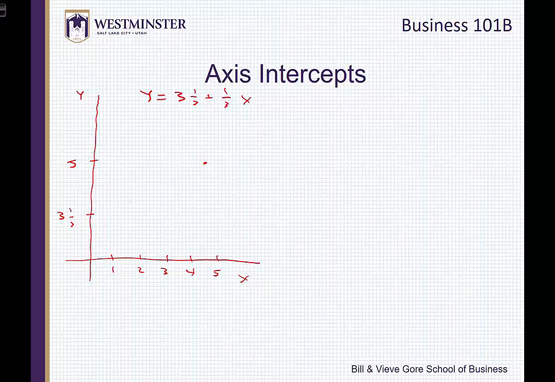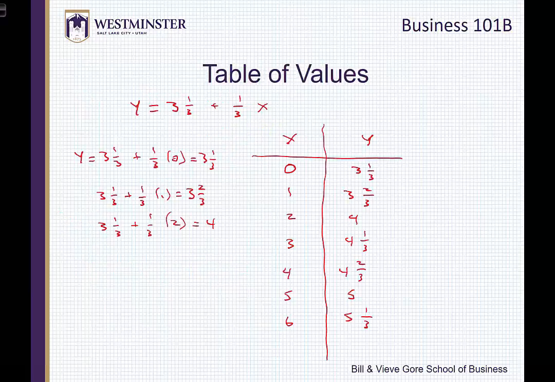And having 2 points in a plane and a linear equation, we can now create a straight line connecting them, and that line is known as y equals 3 1/3 plus 1/3 of x. Because as we came along, every time we incremented x by 1, we incremented y by 1/3.